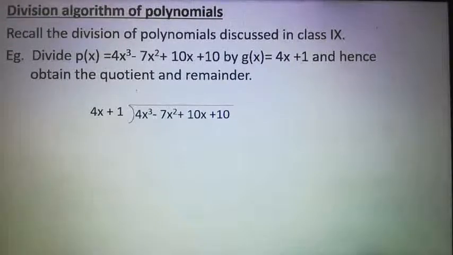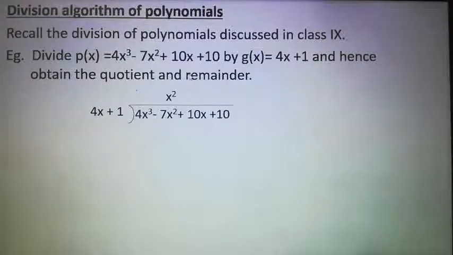First term of the dividend polynomial is 4x cubed, to be divided by the first term of the divisor polynomial, 4x. So 4x cubed by 4x is x squared. That is the first quotient term.